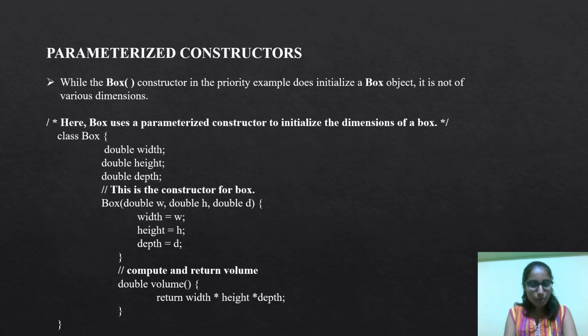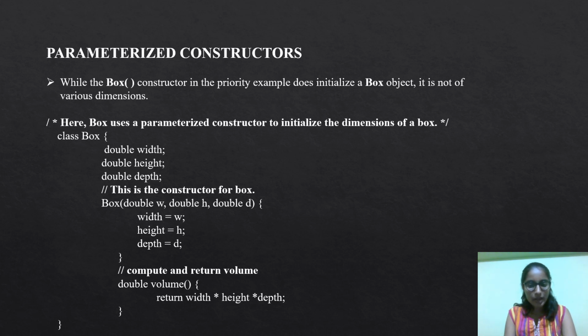Here is an example program where Box uses a parameterized constructor to initialize the dimensions of a box. The Java program defines a class named Box and a class named Example. First, the Box class. The Box class has three instance variables: width, height, and depth, all of type double.